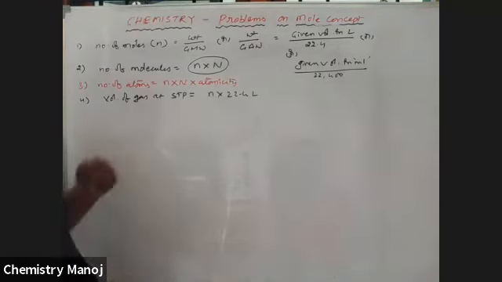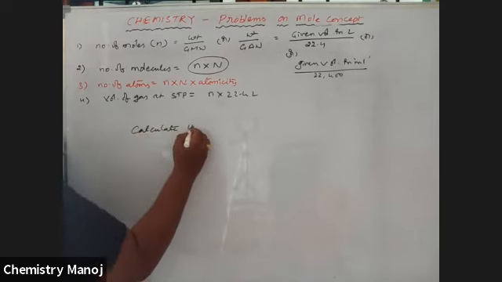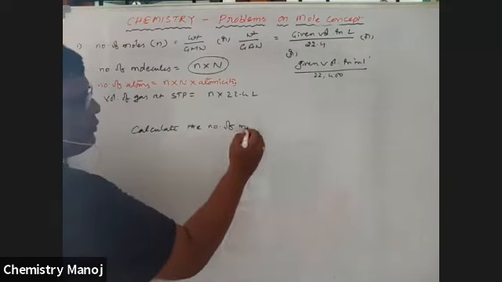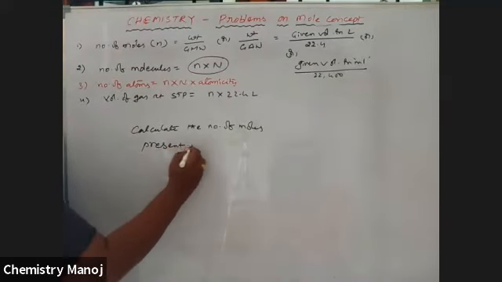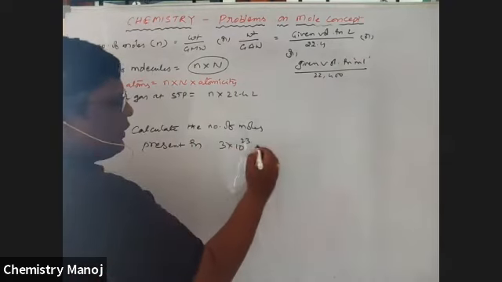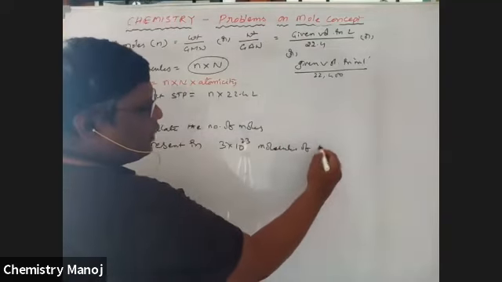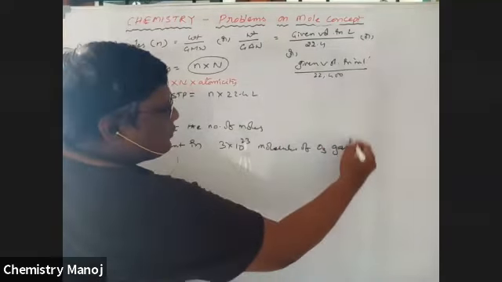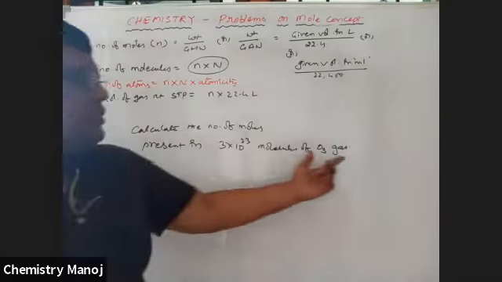One more point. Calculate the number of moles present in 3 into 10 power 23 molecules of O3 gas. Calculate the number of moles present in this much molecules of gas.